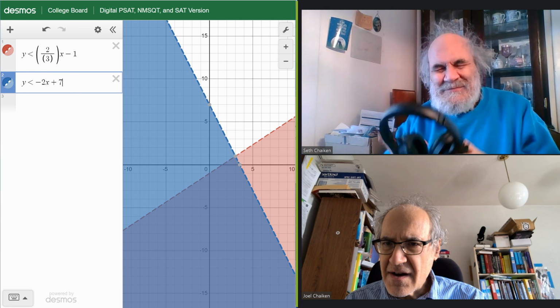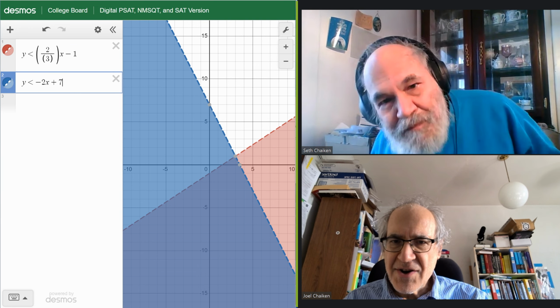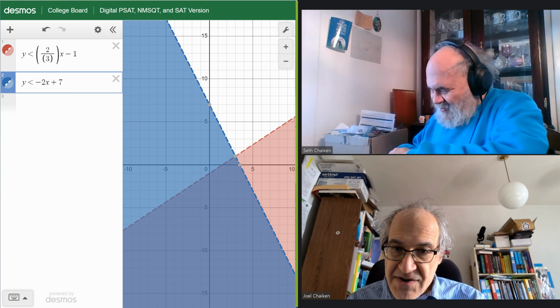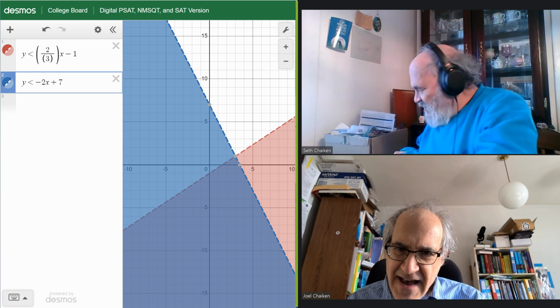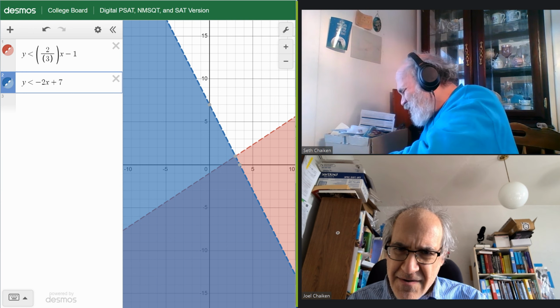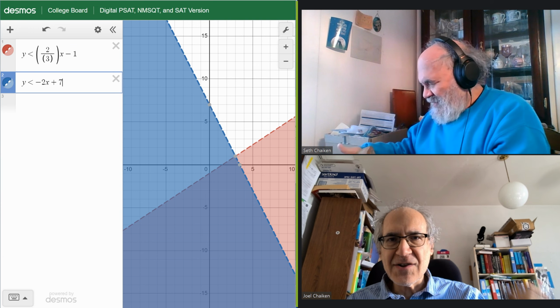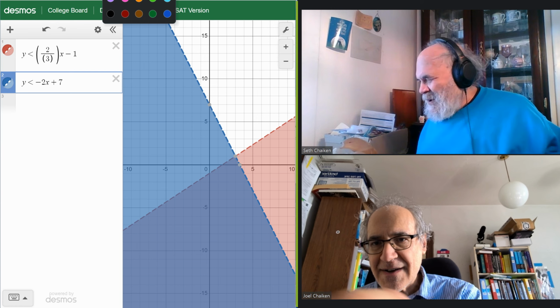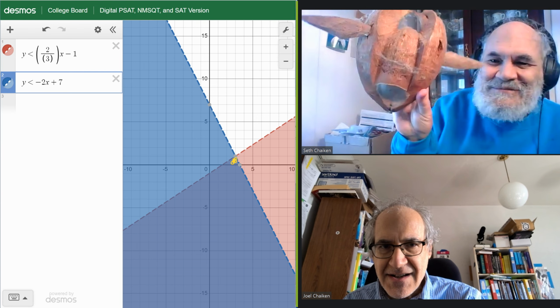So here you can clearly see that quadrant 2 has no solution. But wait, quadrant 1 has that little area. Look, quadrant 1 has this little area.